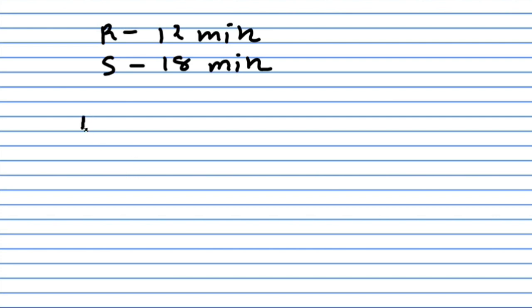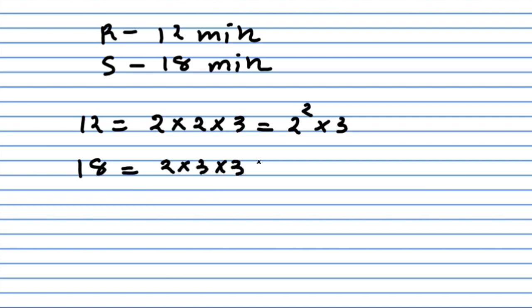For 12, if you find the factors, then it is 2 multiplied by 2 multiplied by 3, so it is 2 square multiplied by 3. And if you find the factors of 18, then it is 2 multiplied by 3 multiplied by 3, so it is 2 multiplied by 3 square.